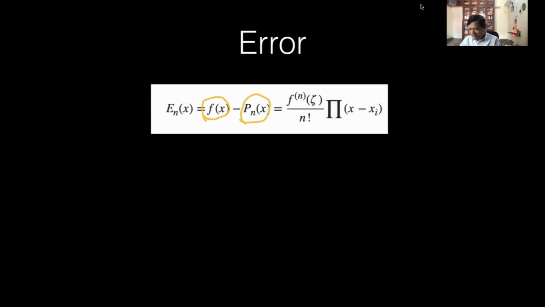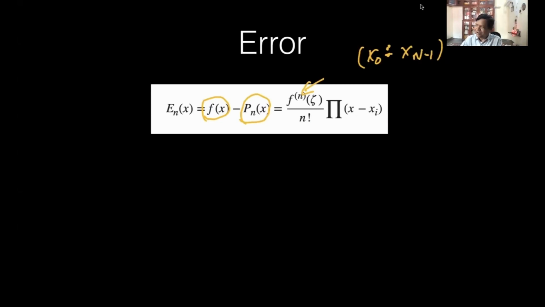So f(x) minus Pn(x). We can derive this. I'm not doing the derivation right now, but we can derive this formula, and this is the nth derivative of f computed at zeta, which lies between x0 and xn minus 1. Okay, some zeta, somewhere we don't know where. Well, I mean, there exists a zeta.